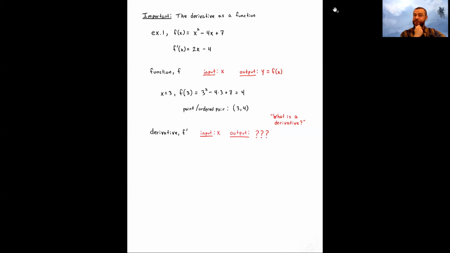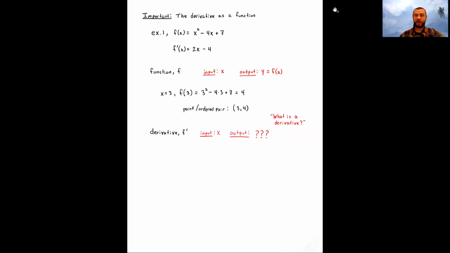Be nice if somebody gave you a few answers to that in a previous lecture. Recall, we gave 3 answers to what is a derivative. We can say it's slope of a tangent line, an instantaneous rate of change, or a limit.